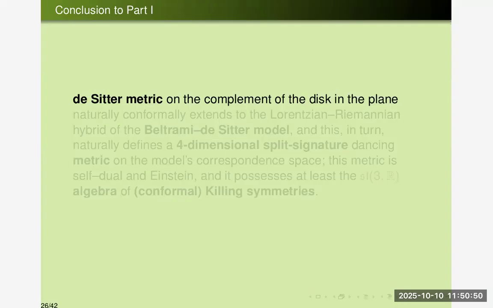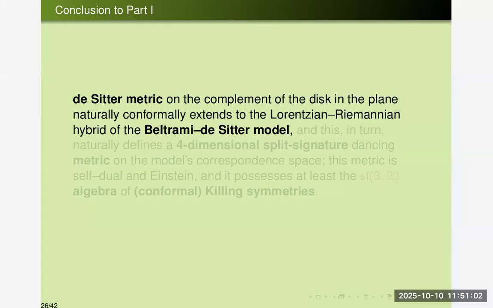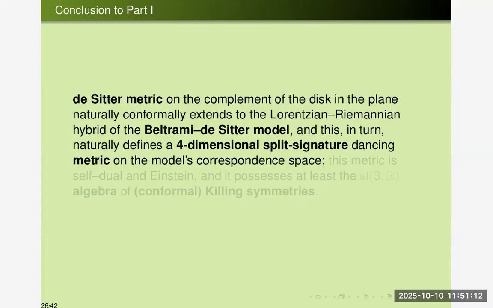The de Sitter metric, so I'm just repeating. I just started from nothing, from a disk in R2. And then I saw that the complement of this disk is nothing but de Sitter space. And this metric naturally extends inside the disk, where it has this Beltrami metric inside. And this, in turn, defines this correspondence space, the Cartesian product of what is outside the disk and what is inside the disk.